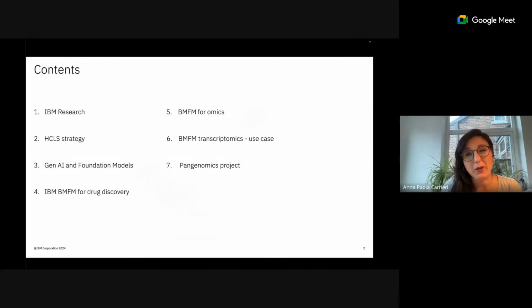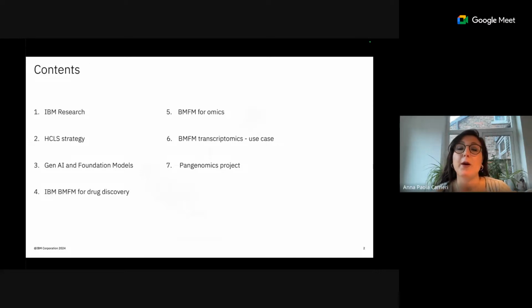This is just an outline of what I'm going to talk about. We'll first introduce IBM Research very quickly, because not everybody might know what we do. Then I'll talk about our healthcare and life sciences strategy at a high level, and then I'll introduce GenAI and foundation models, and their application to drug discovery specifically, and the biomedical foundation model the IBM global team has developed, which is now open source.